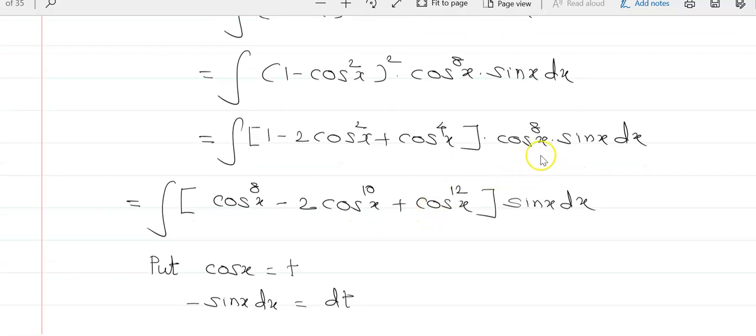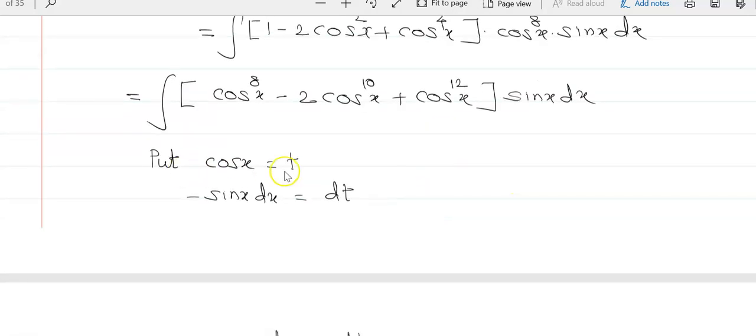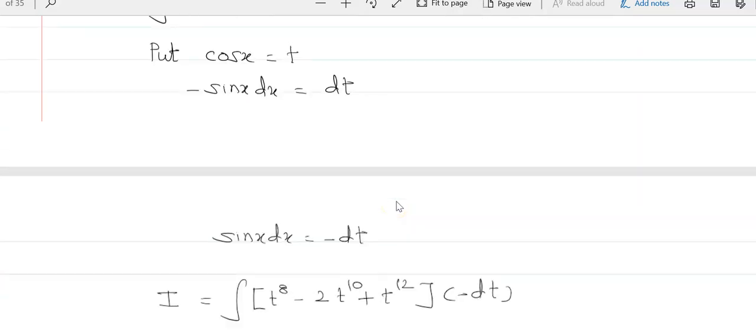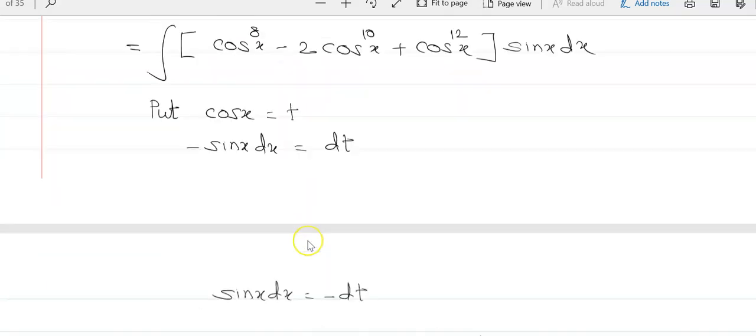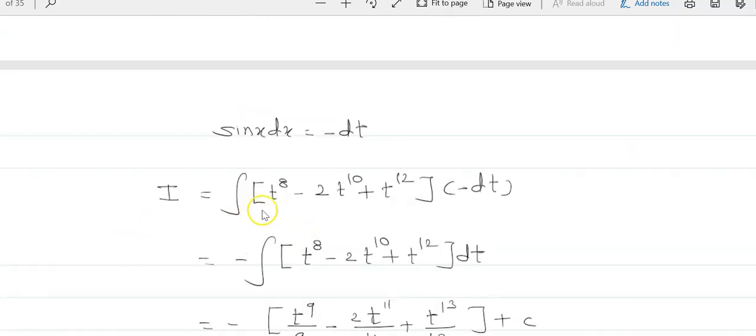Again the multiplication of the terms gives cos of x raised to 8 minus 2 cos of x raised to 10 plus cos of x raised to 12, into sin x dx. Put cos of x equal to t, so minus sin of x into dx is equal to dt. Therefore sin of x dx is equal to minus dt. Therefore our integral becomes I is equal to the integral of t raised to 8 minus 2 t raised to 10 plus t raised to 12, into minus dt.